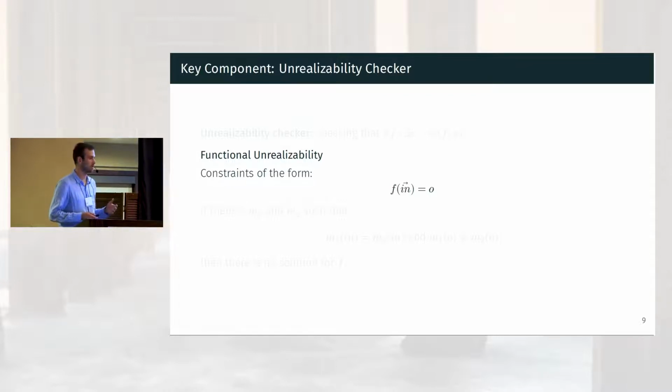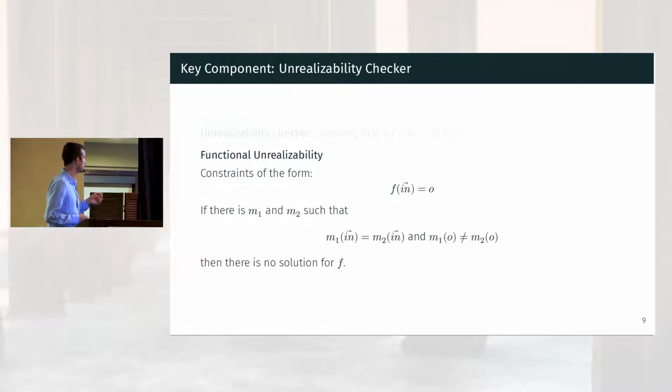And most of the constraints in the problems we have are of this kind. And intuitively, if you know that there's two outputs for a single possible input, you know that there's no possible function that can satisfy this. So if I have models M1 and M2 that map the inputs to the same value, but map the outputs to two different values, then I have a proof that I cannot satisfy this constraint.